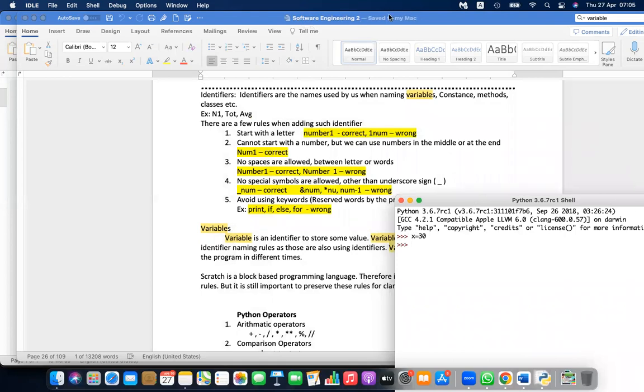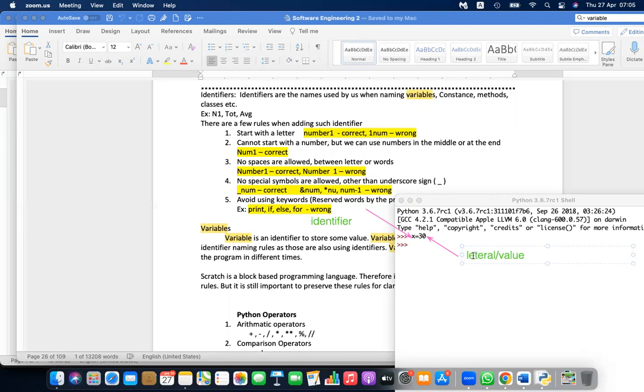So you can just write down somewhere if you need. Otherwise, sometimes you might forget. Here x is the identifier, and 30 is the literal or the value. Literal or value.